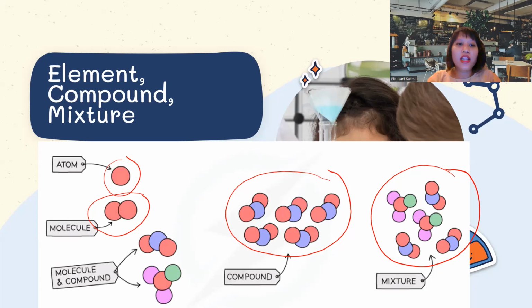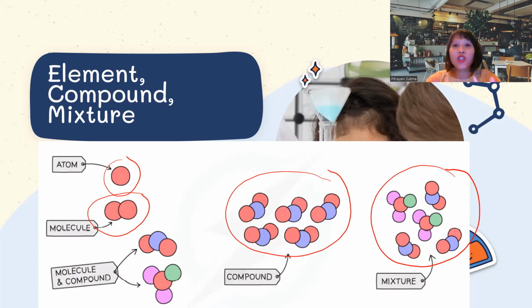And then a molecule is the bonding of 2 atoms of the same type. And then compounds are several atoms of different types that bind together by chemical bonding, and they cannot be separated by physical separation.